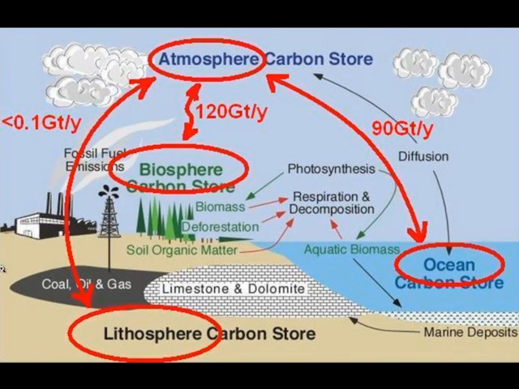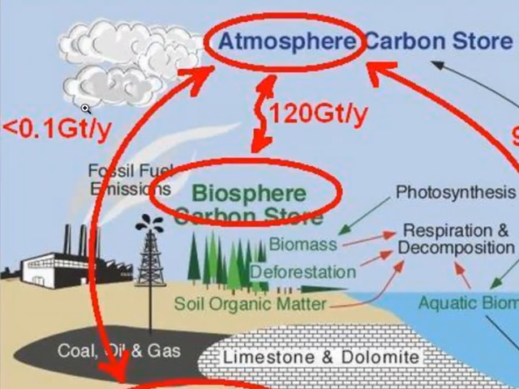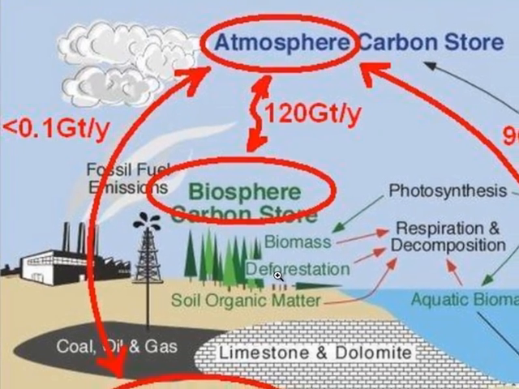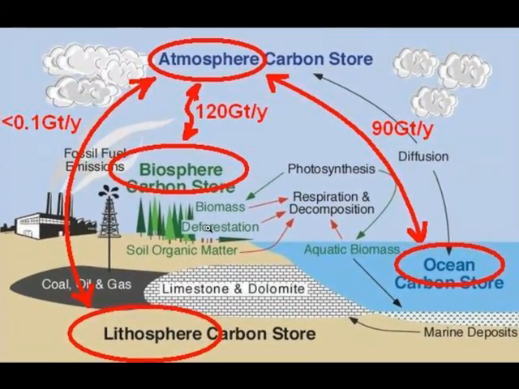By comparison, humans, through burning fossil fuels, emit about 7 gigatons per year into the atmosphere, and through the process of deforestation as well, humans also emit about 2 gigatons of carbon into the atmosphere per year.